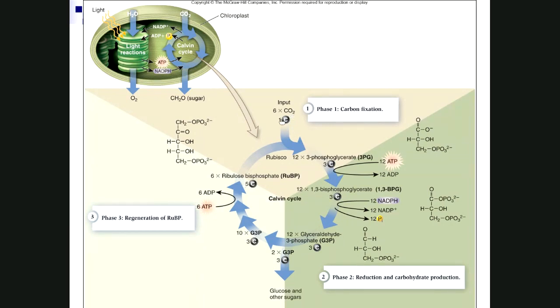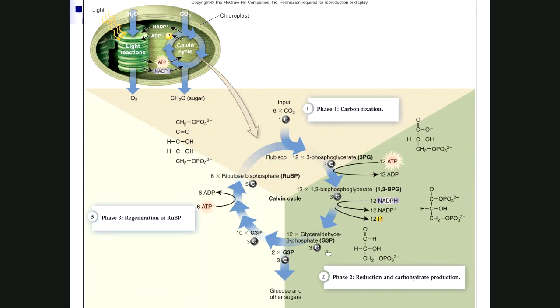The 6-carbon molecule is then split into two 3-carbon molecules. That is going to be changed to another 3-carbon molecule over here. And changing this takes ATP and NADPH, right? So we have to change this around. And then these 3-carbon molecules can be put together to make glucose.